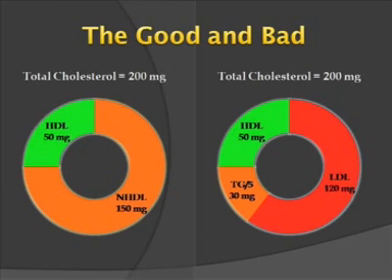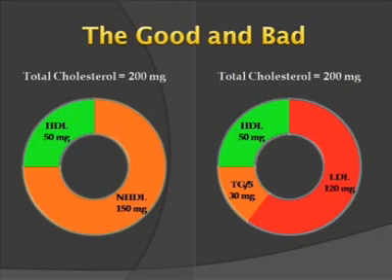Look here on the left hand side. Let us assume that the total cholesterol in this particular individual is 200 milligrams. It can be classified into those molecules which are protective and those which are atherogenic.